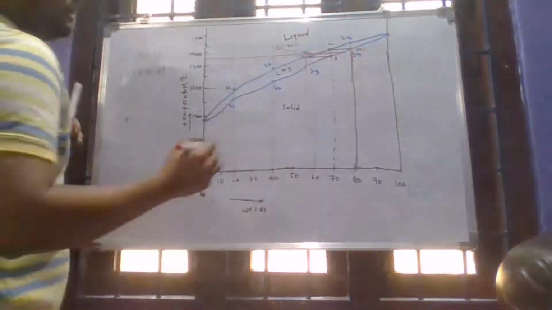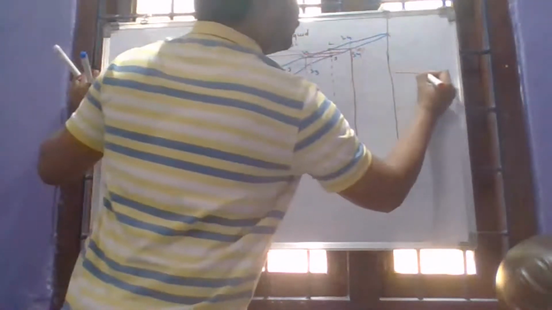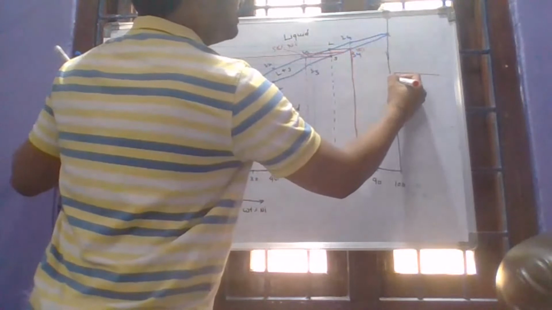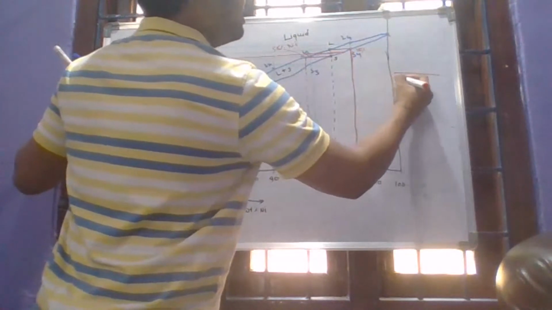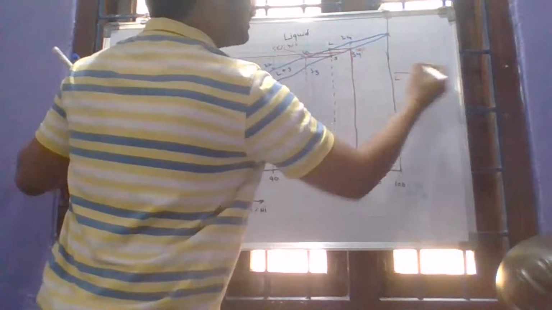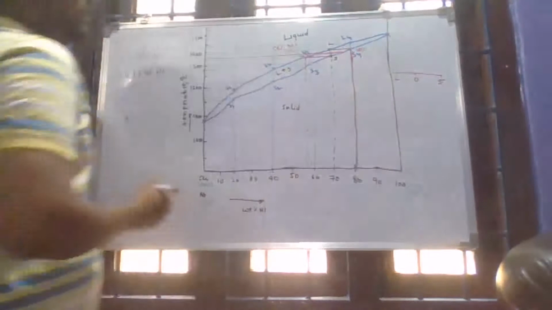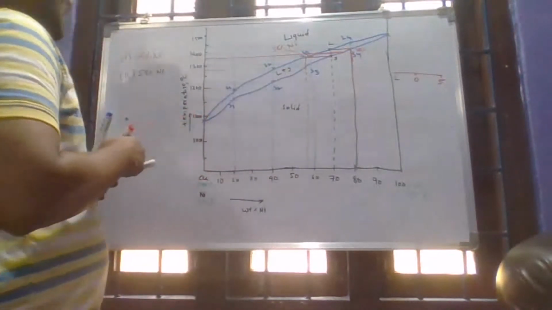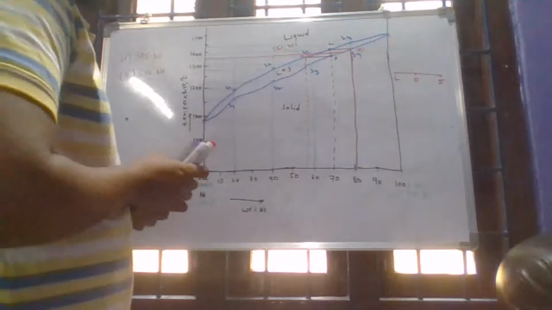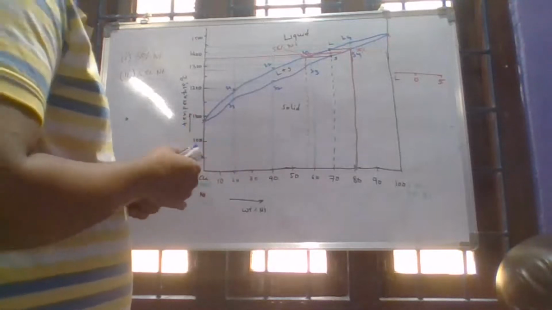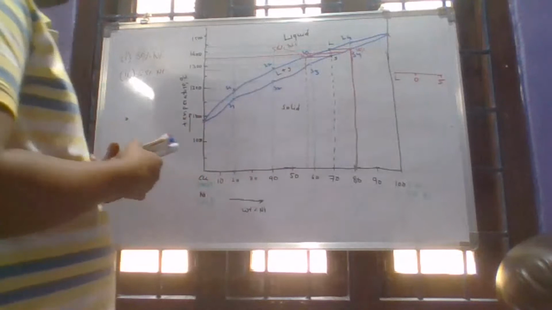If we apply the lever rule, the line intersects at this point, the middle point is O, and this point is S. Now we need to calculate the weight percentage of nickel and copper, the amount of liquid and the amount of solid.